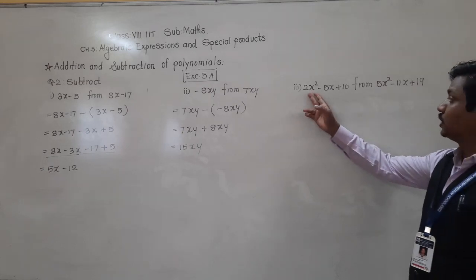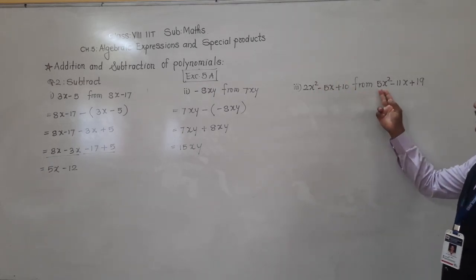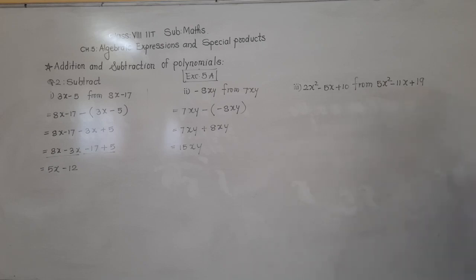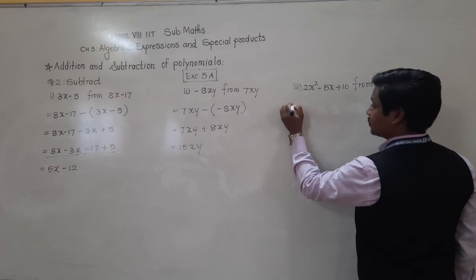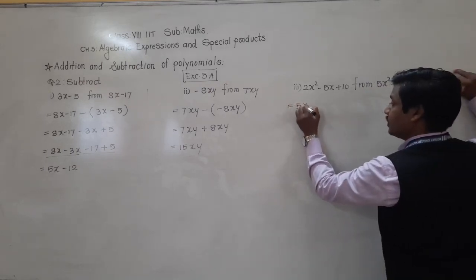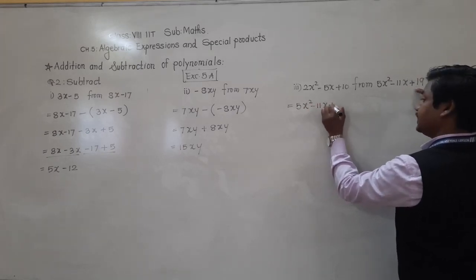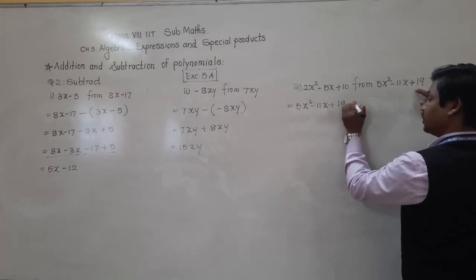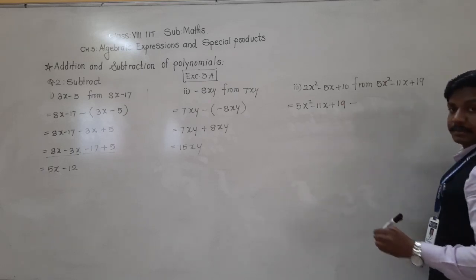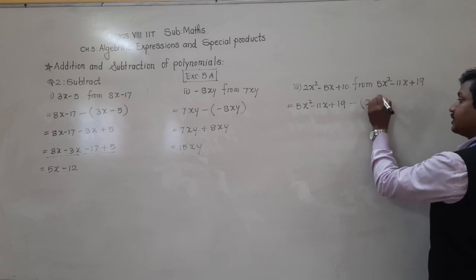See third one. 2x square minus 5x plus 10, subtract from 5x square minus 11x plus 19. So this expression we need to write first. Pay attention. 5x square minus 11x plus 19, okay, over minus this, but we need to put this into the bracket.